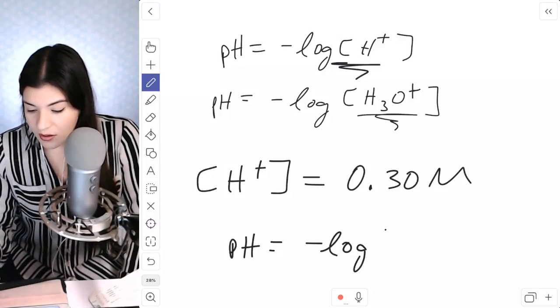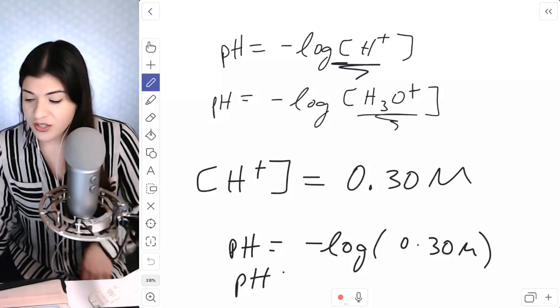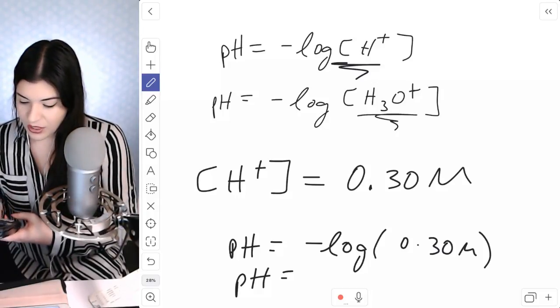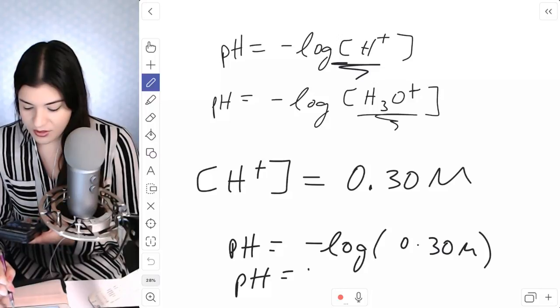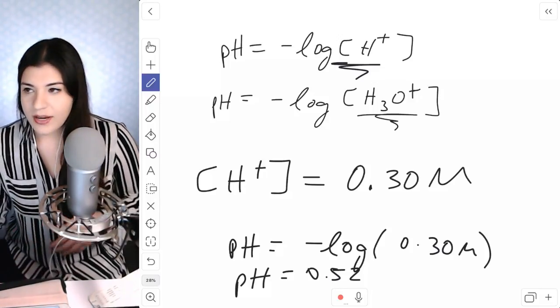So negative log of this concentration, and then that would give you your actual pH. And let's see what that would have given you, and then you can figure out whether it's basic or acidic. So 0.52, then that would have been very, very acidic, right?